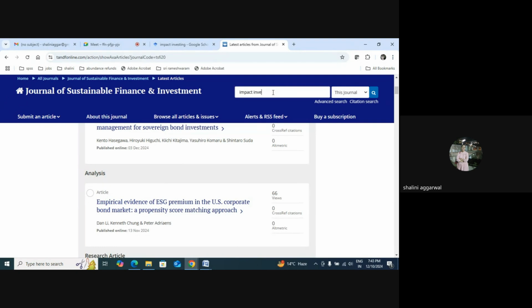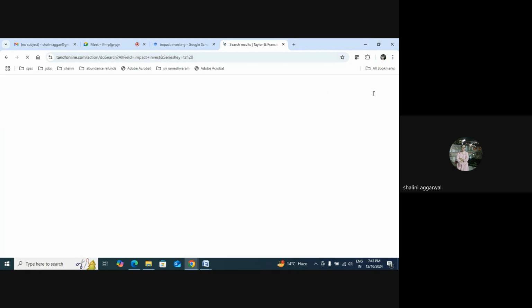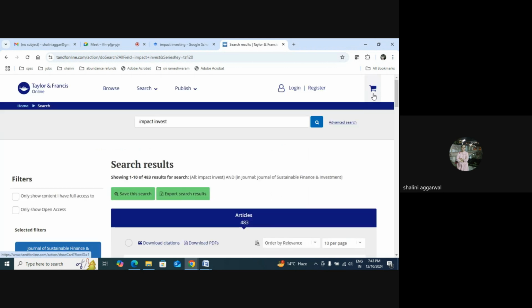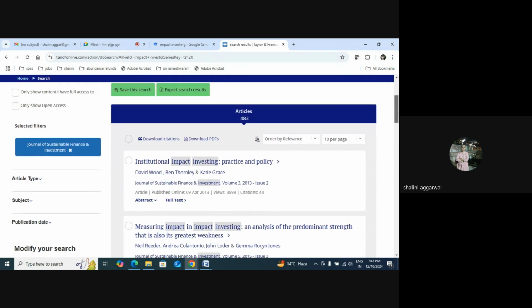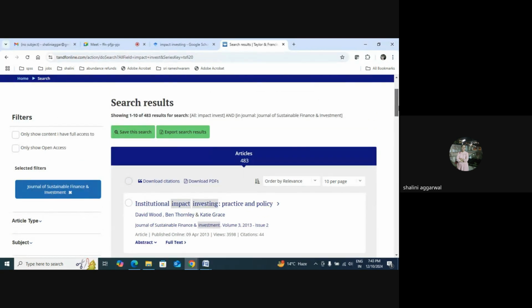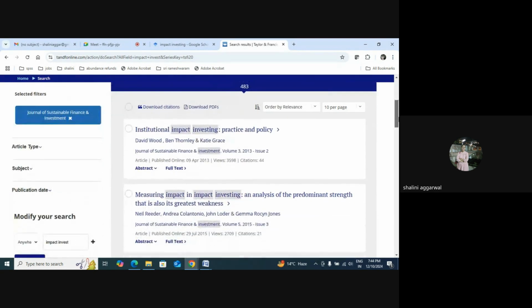If I put, it is searching. Okay, so you can see from here 10 papers. We have got the 10 papers. नहीं, काफी पेपर्स हैं इम्पैक्ट इन्वेस्टिंग पे.